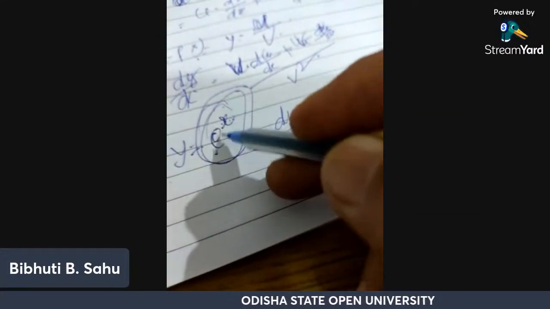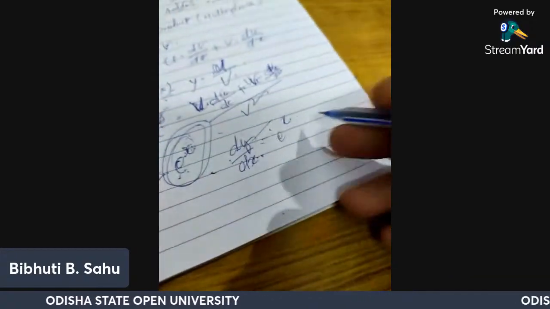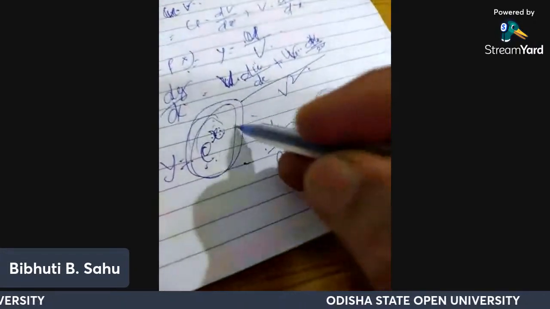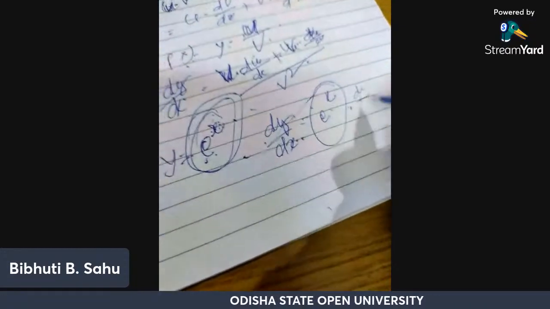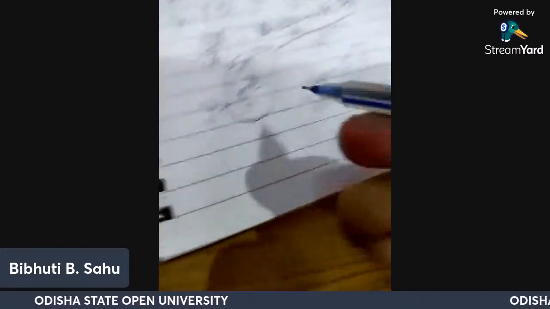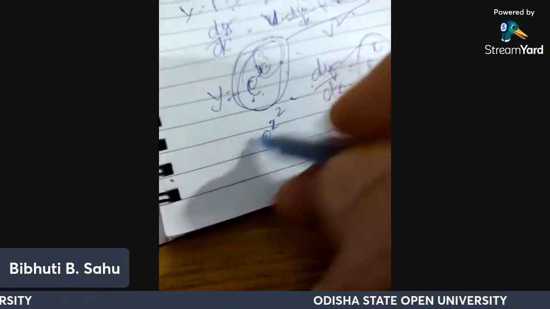But if it is e to the power 2x or x square or like that, then in that case it will be the function into du by dx. If you take this as u, let me make it clear. Let u be equal to x square, y is equal to e to the power u.